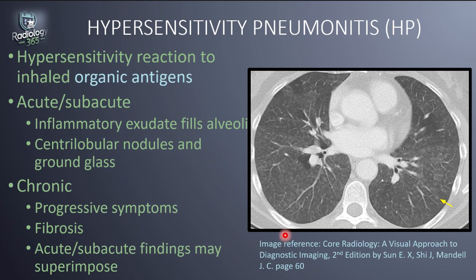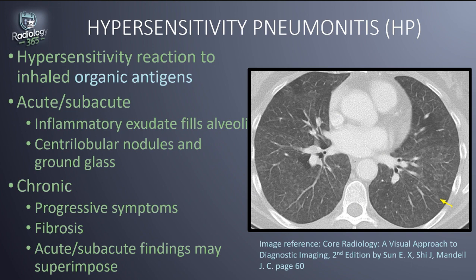Hypersensitivity pneumonitis is characterized by two clinical courses: acute/subacute and chronic. Now, the chronic one has progressive symptoms. You may or may not have acute exacerbations, and there's also fibrosis as a result. The acute/subacute one may have recurrence but no fibrosis. So the presence or absence of fibrosis on imaging helps you differentiate the chronic from the acute or subacute one.